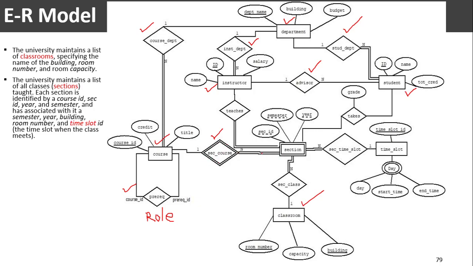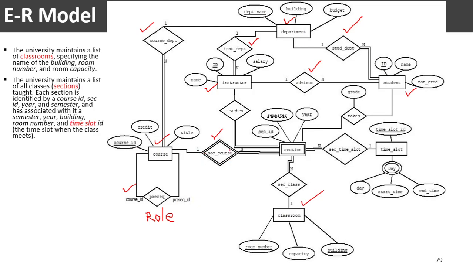So here we are having this total participation. One course is having more than one section, so obviously towards section it should be many, and one section belongs to only one course, and that is why towards course it is 1.